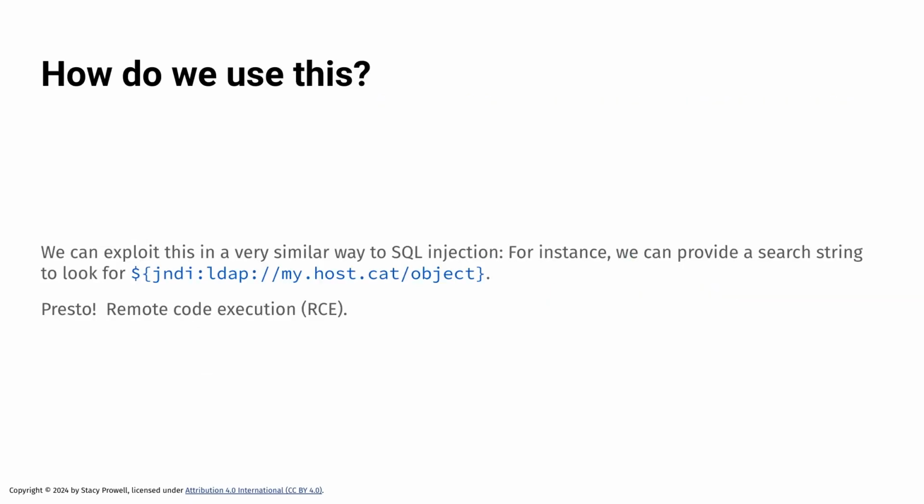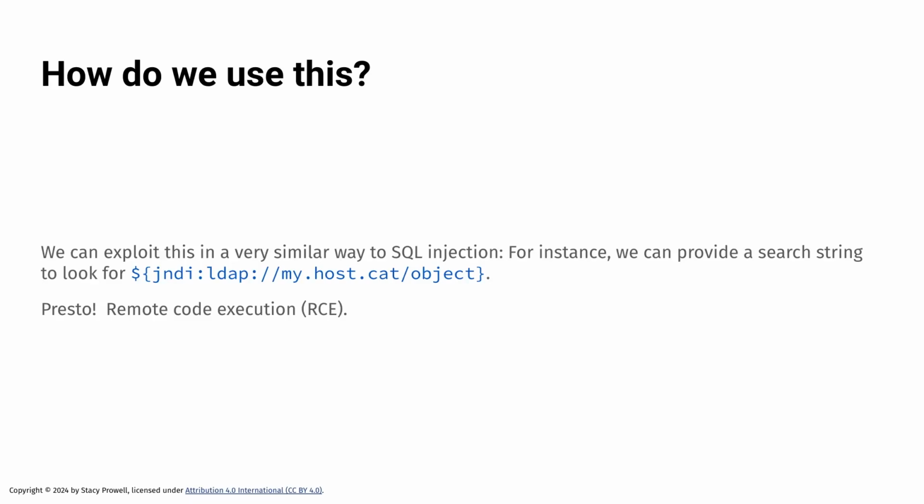Well, we can exploit that in a way very similar to SQL injection or JavaScript injection, all those different forms. We can provide a search string to look for, and that gives us remote code execution. Right? If that search string finds its way into a logging statement, it gets interpreted, causing an object to be loaded and executed.